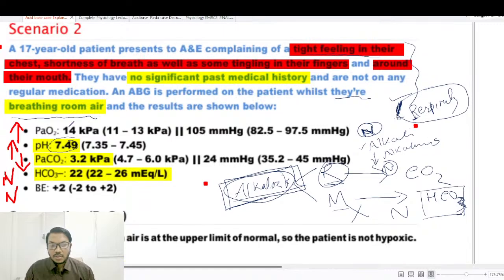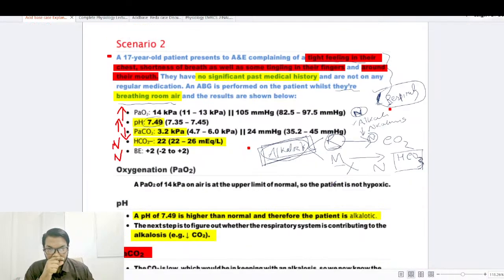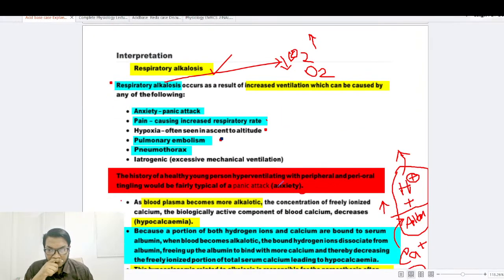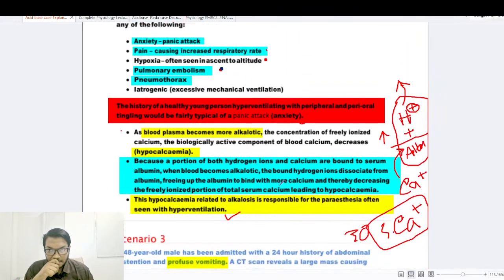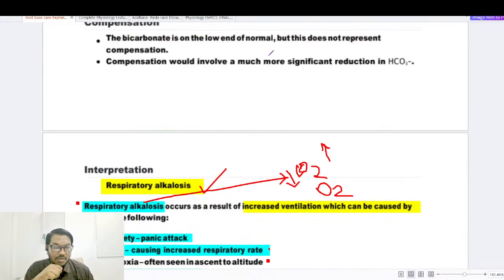Yeah, same one. You read this part. Respiratory alkalosis. You read this part. That is respiratory alkalosis.